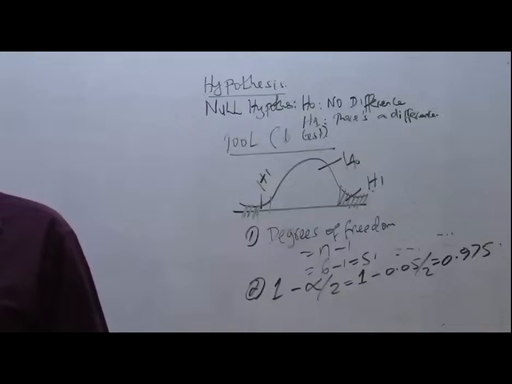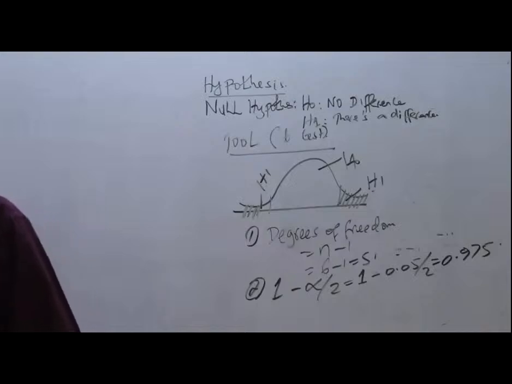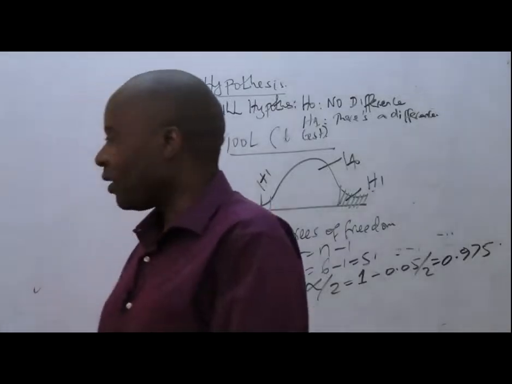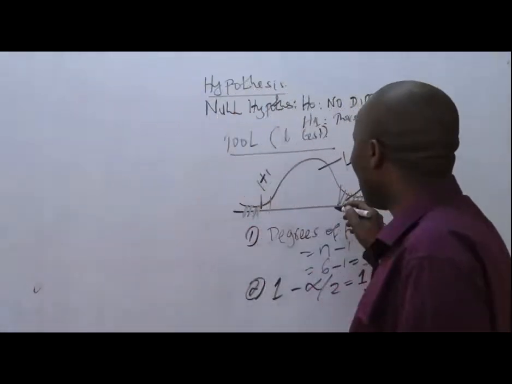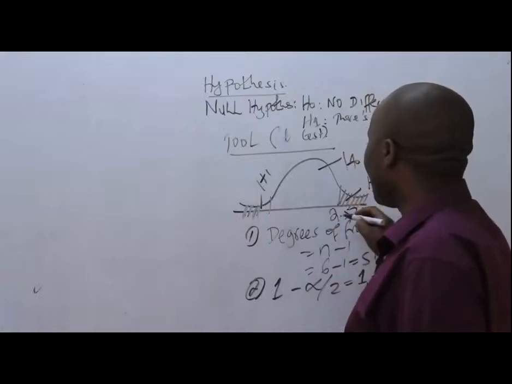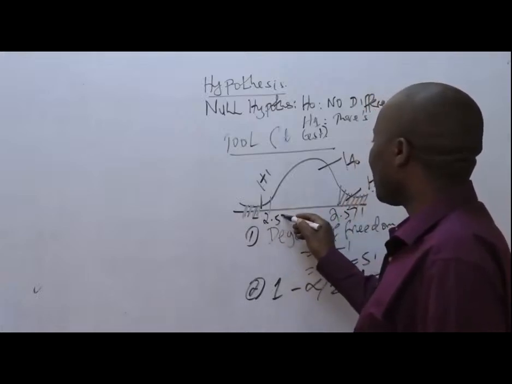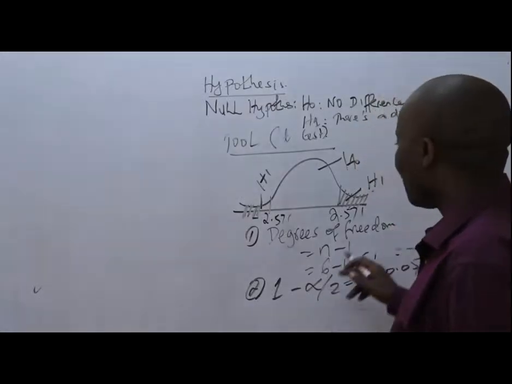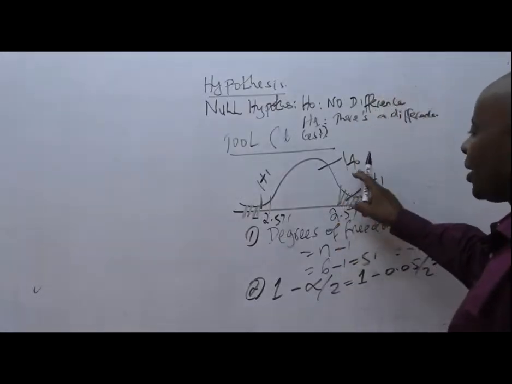Be careful, Jerry. So this becomes 2.571 positive, and this becomes negative 2.571. This is H1, and we know this is H0.